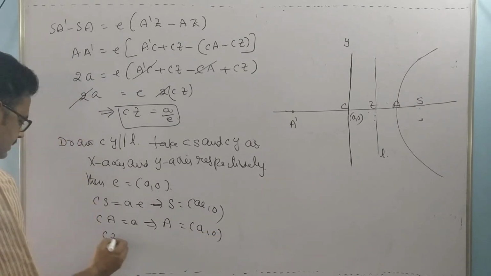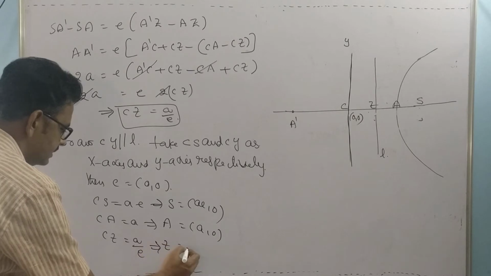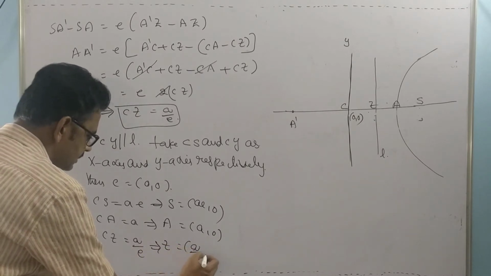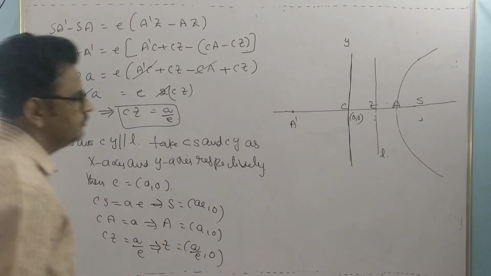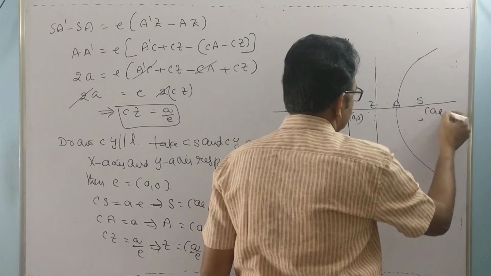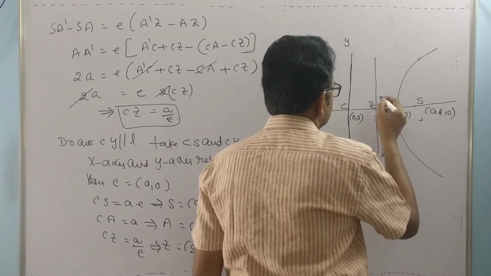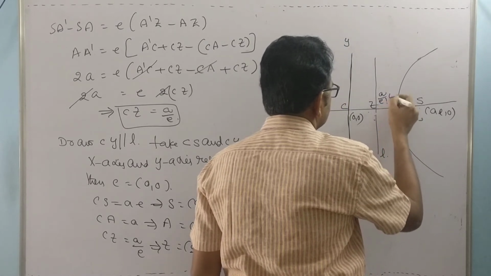And CZ is equal to A by E implies Z coordinates A by E, 0. So S coordinates AE, 0, A coordinates A, 0, Z coordinates A by E, 0.